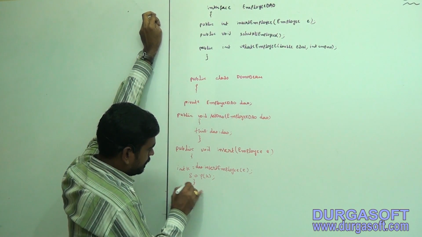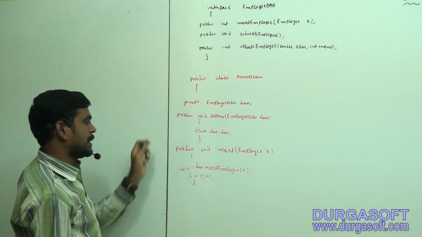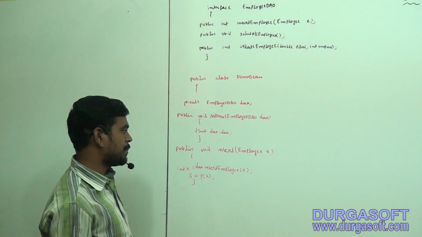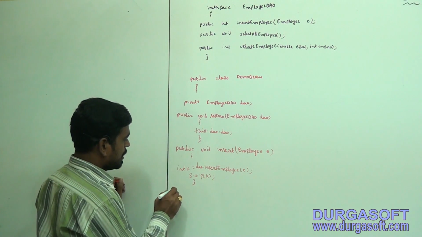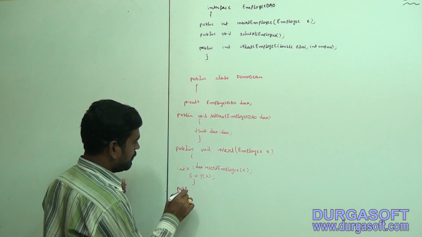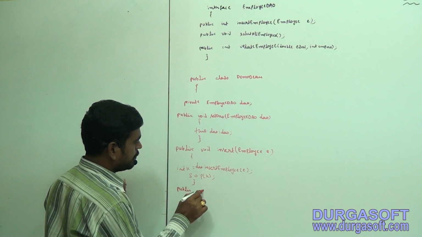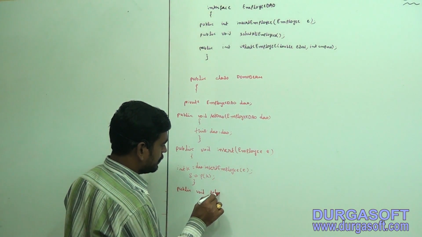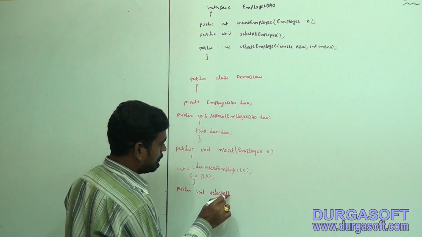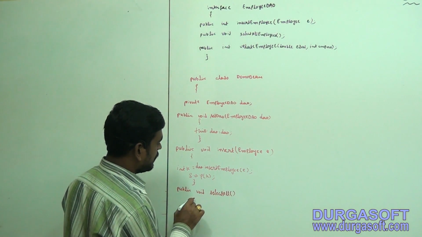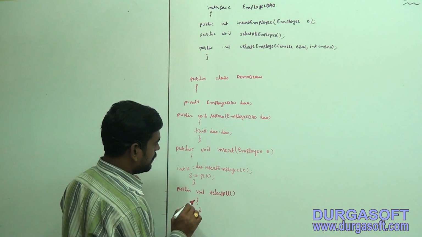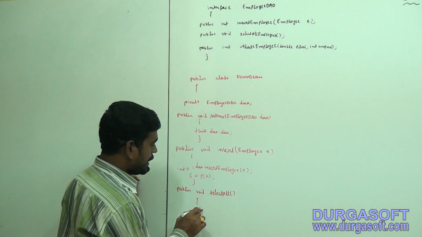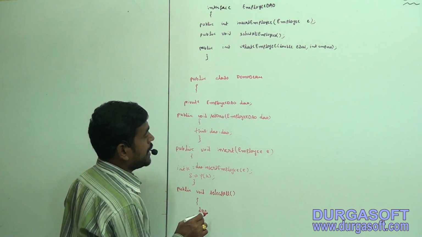System.out.println key. Like this, I am calling the business methods. The next, public void selectAll. The next, dao.selectAllEmployees.